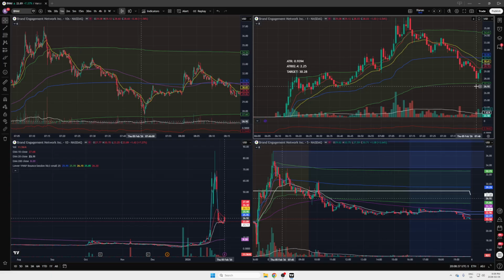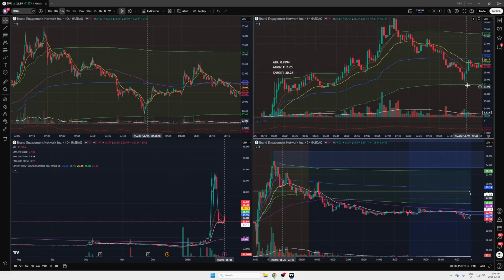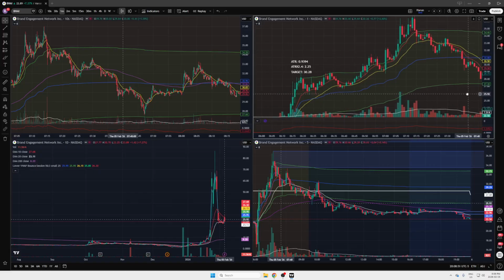So here's bar 0, here's bar 1, and bar 2. If bar 2 closes red, it'll most likely come back down. Oh, by the way, I should mention that the stop is calculated by taking the ATR and subtracting it from the close price.